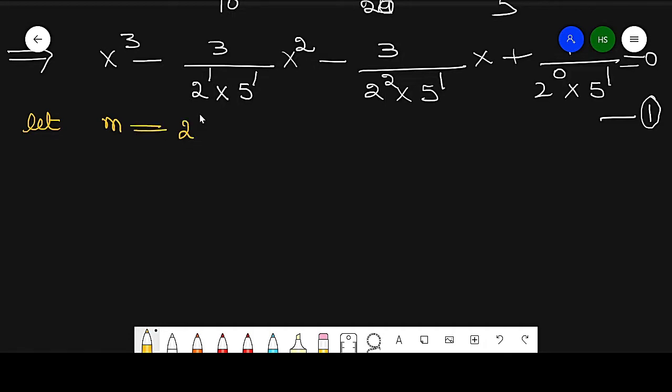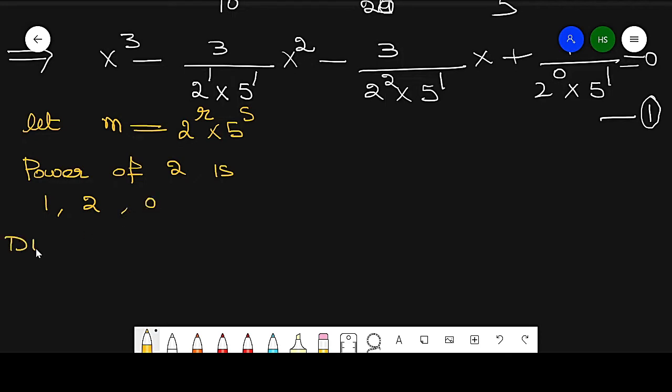So this can be written as 2 raised to power r into 5 raised to power s. Here there are two prime factors, 2 and 5. So first find the value of r. Now the powers of 2 are 1, 2 and 0.